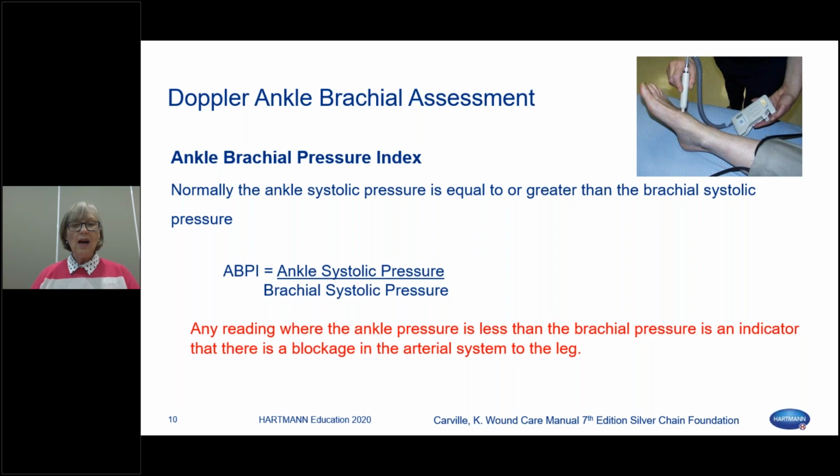And divide the highest ankle systolic reading in each leg by the highest brachial reading in the arms. Normal ABPI is 1. However, 0.8 to 1.2 is considered a safe range to apply compression of 30 to 40 millimetres of mercury for the treatment of venous insufficiency.